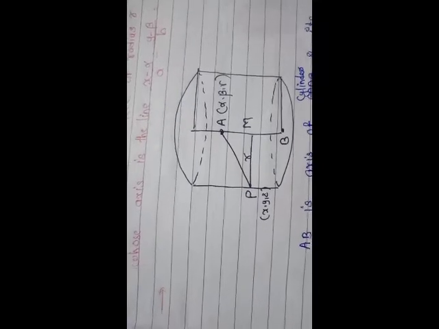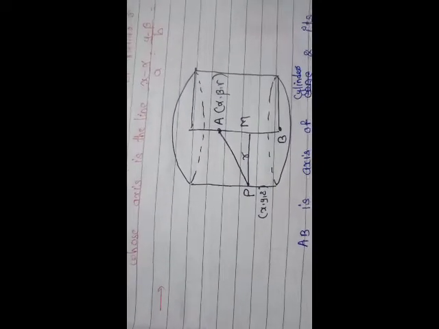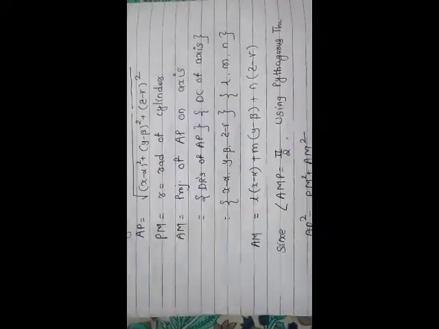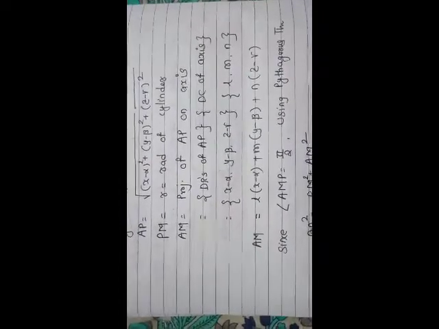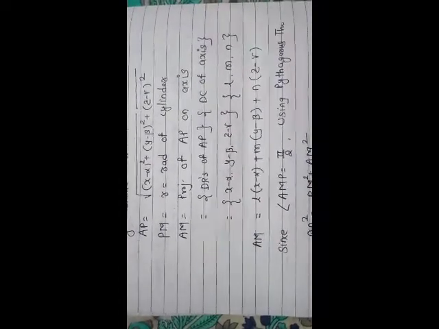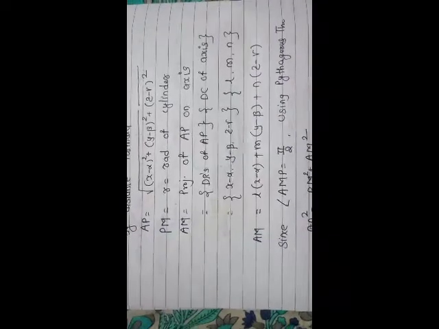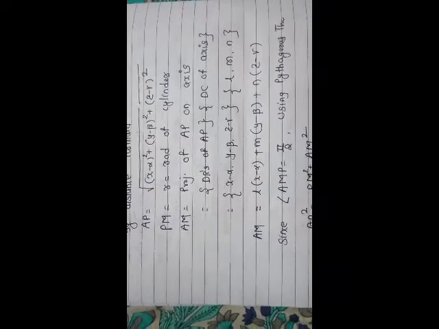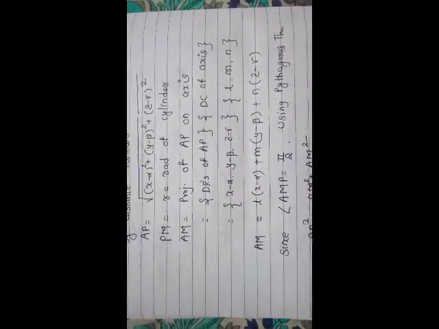If you draw a perpendicular from each and every point on the line segment AP onto the axis, we get AM. So what is AM? It is the projection of AP on the axis, and it is given by the direction ratios of AP into the direction cosines of the axis. Coordinates of A are known, coordinates of P are known. From these, the direction ratios are obtained: x minus alpha, y minus beta, z minus gamma.